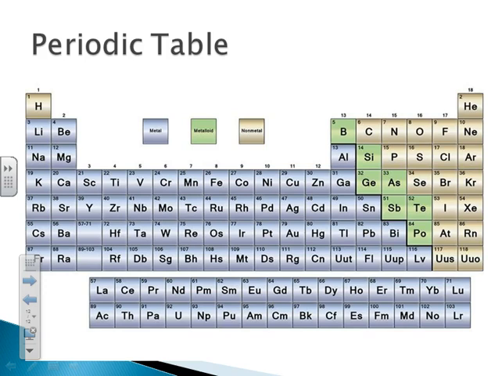Your metals will be blue. Remember we said the majority of elements on the periodic table are blue. Your metalloids will be green. And your nonmetals will be yellow. I highly encourage you to color your metalloids first because there are only 7 of them, and I would hate for you to accidentally color them blue.